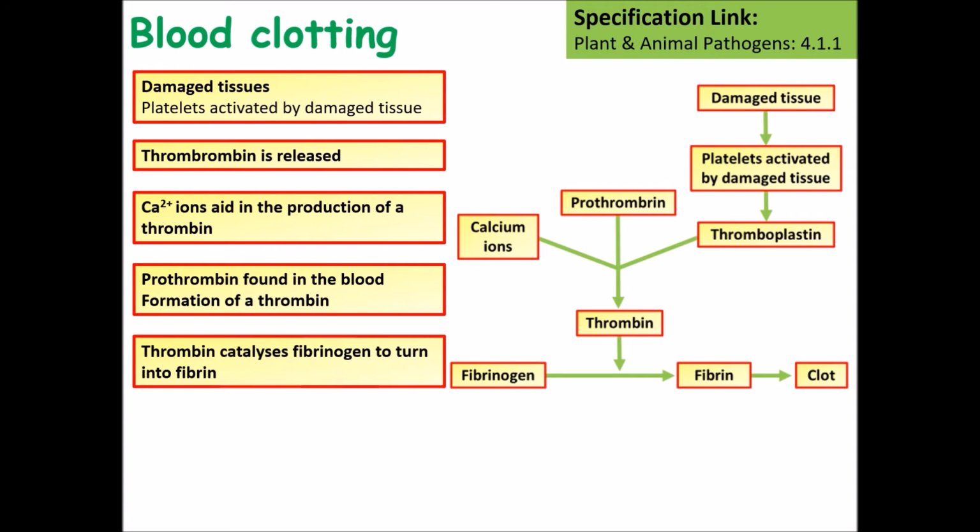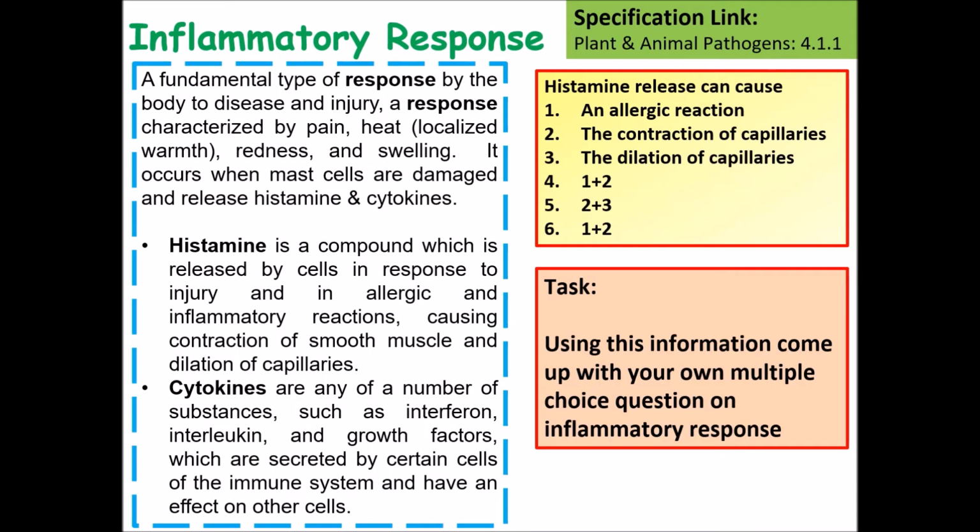Thrombin catalyzes fibrinogen to turn into fibrin, and the fibrin forms the blood clot.